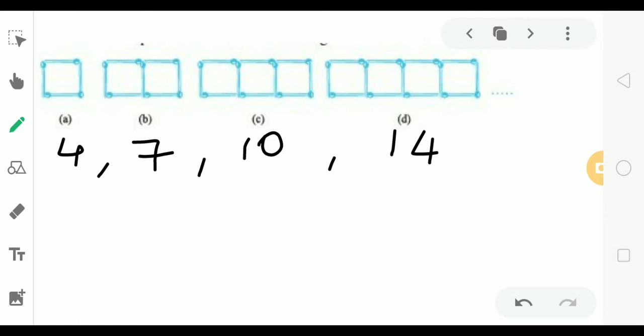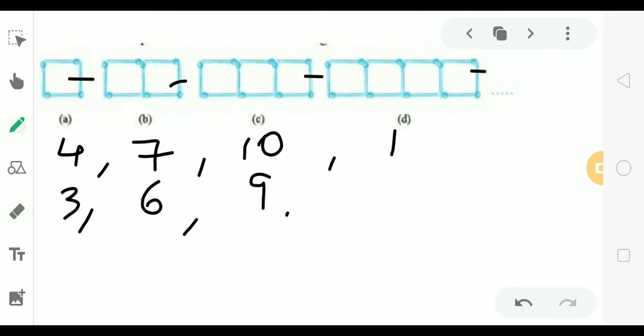So as per the hint given, if you remove one stick from the vertical side of each pattern, we will be getting 3, 6, 9, and here it is not 14, there are only 13 sticks. So if you remove one from the last, we will be getting 12.